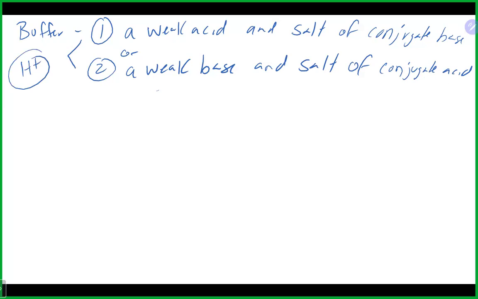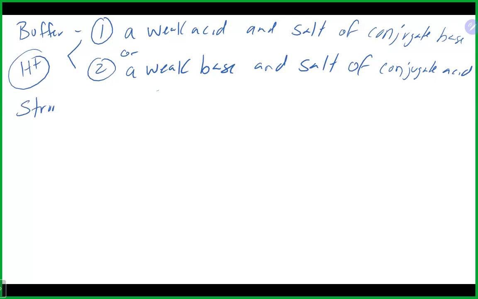Now, one thing that you cannot make a buffer out of is a strong acid or strong base. If you have a strong acid or strong base and you're like, this is my buffer, the answer is no, that is not your buffer. That is a solution of a strong acid or a strong base. So you cannot have a buffer that's composed of a strong acid or strong base.